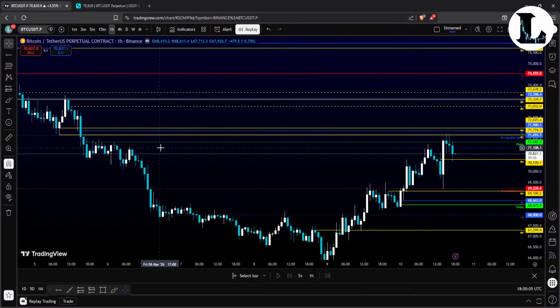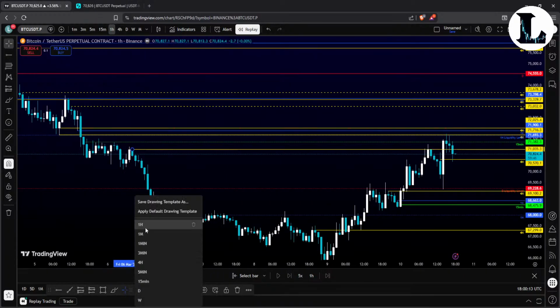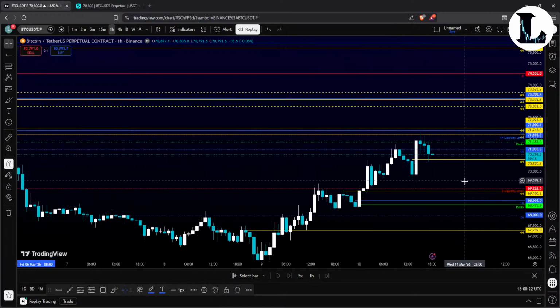Shall I mark the 1 hour possible liquidity level here? For now, I'm just gonna mark this 1 hour as a break level. Well, actually, we are already open below that. I'm gonna mark that as a liquidity level.